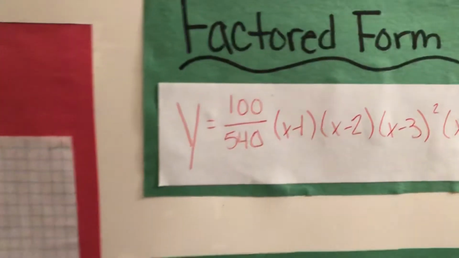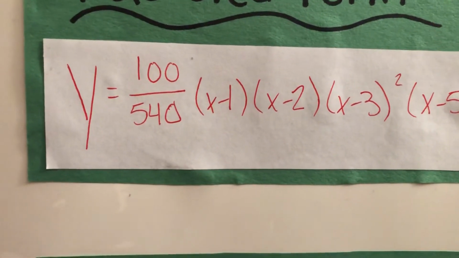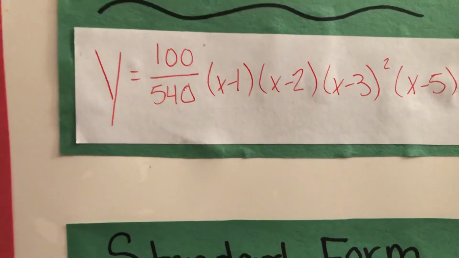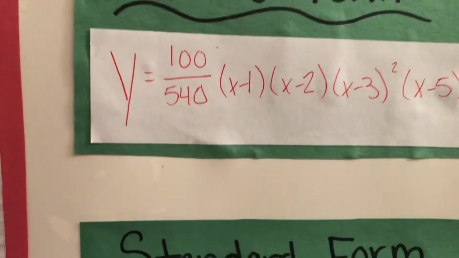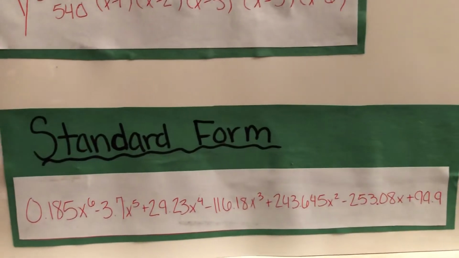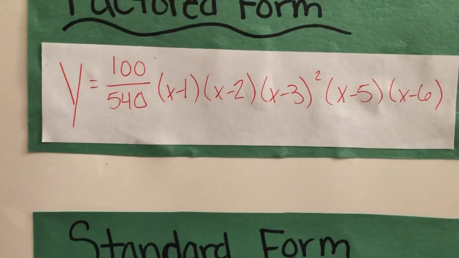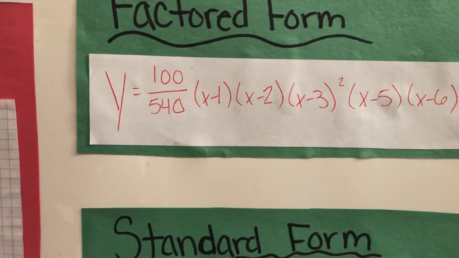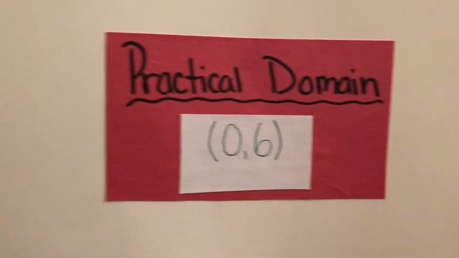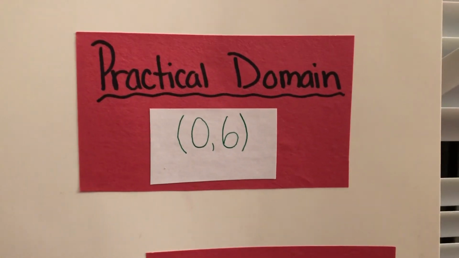Since when I multiplied the 100 over 540, it was a large decimal, and it repeated. So this very last number in your standard form should be about the same as your numerator, which was 100, which was our feet. So our domain is 0, 6.